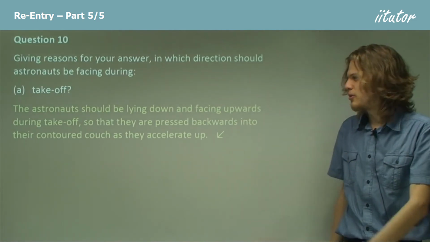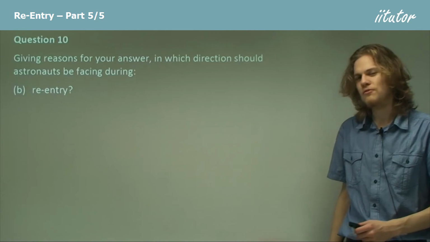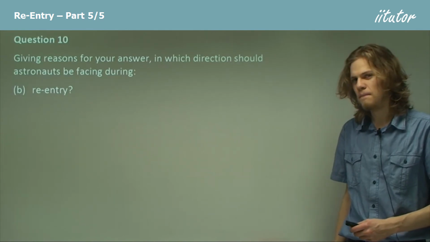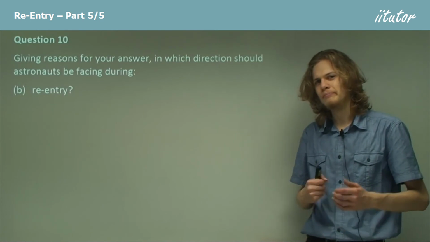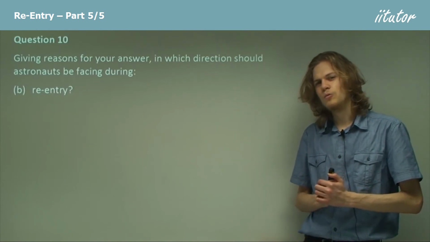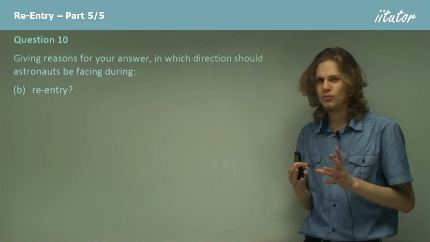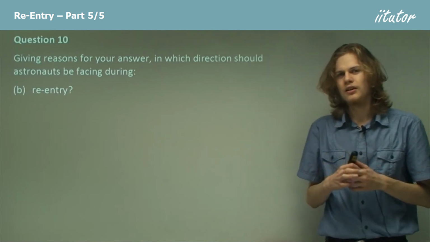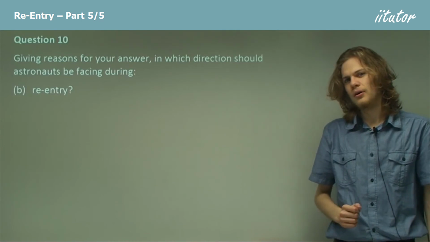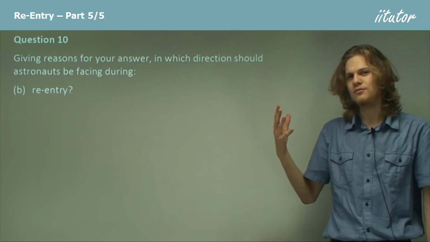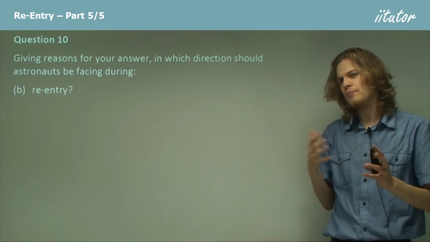Now here's an interesting question. Which way should they be facing during re-entry? I'll let you think about it for a moment. In this case, once again, we need to consider the g-forces involved. Now, normally g-forces point toward the ground, but given that we're coming from a weightless environment, space, would that be different somehow?